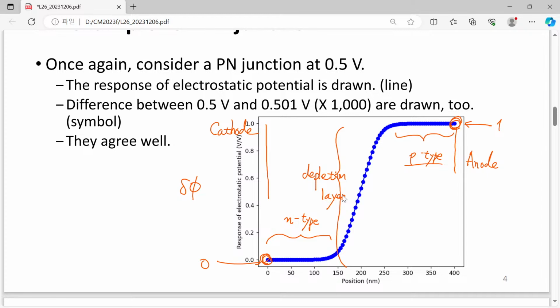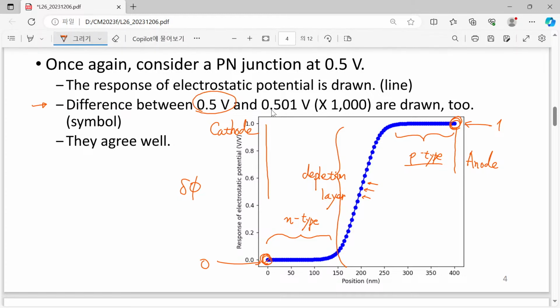Also, please have a look at this second line. The second line means that here we have another one corresponding to a symbol. Yes, there are many symbols here. These symbols are representing the difference between the solution at 0.5 and 0.501 volt.